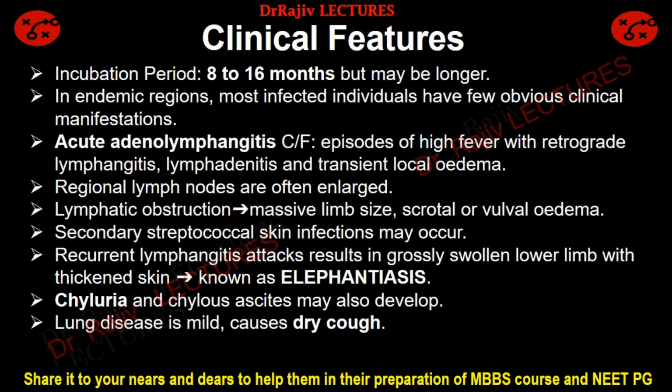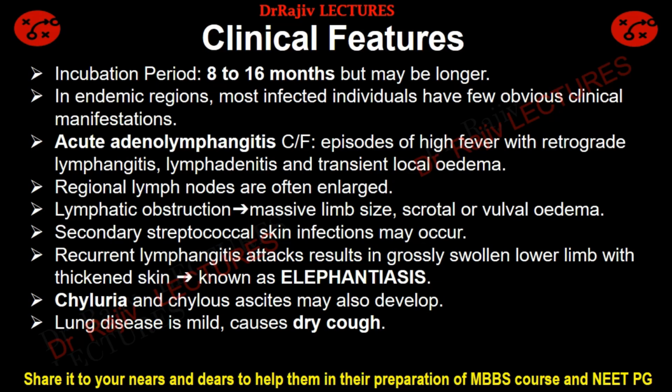In endemic regions, a great majority of infected individuals have few obvious clinical manifestations of filarial infection despite the presence of circulating microfilariae in their peripheral blood. In acute adenolymphangitis, there are episodes of high fever with retrograde lymphangitis and lymphadenitis and transient local edema.